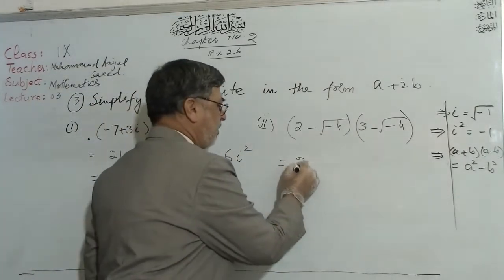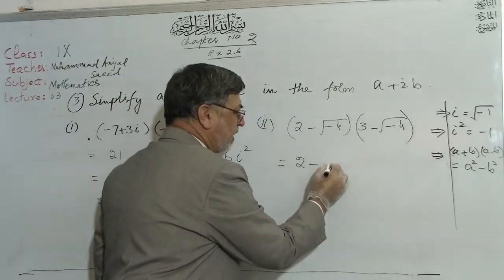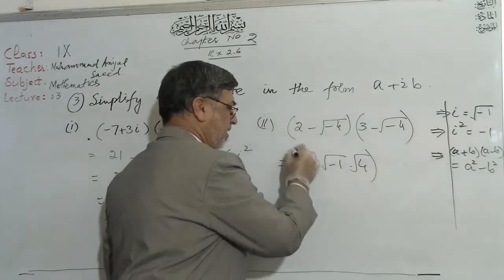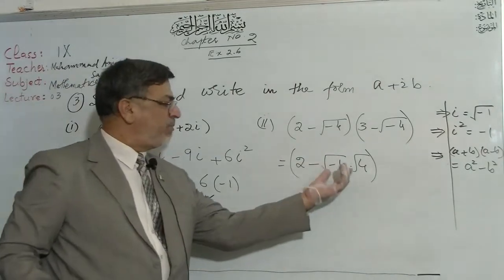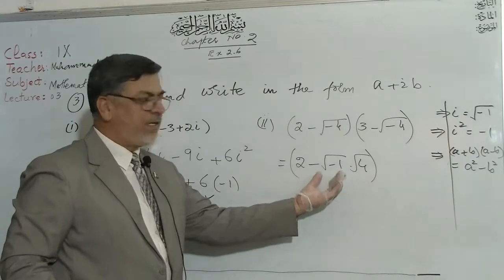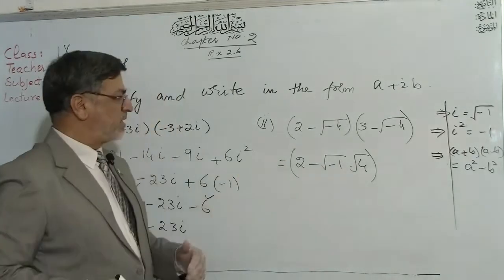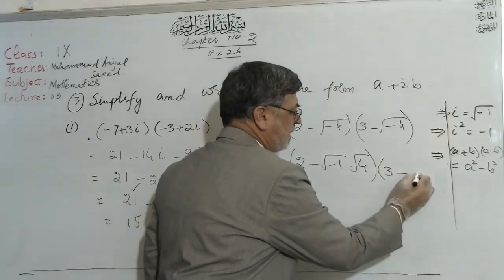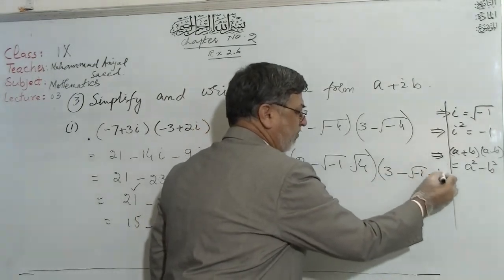So you will write down 2 minus 4 under root as 2 minus the square root of minus 1 and square root of 4. You know that in case of multiplication, you can split up the square root. Similarly, we can do with the next step. Here is 3 minus the square root of minus 1 and square root of 4.